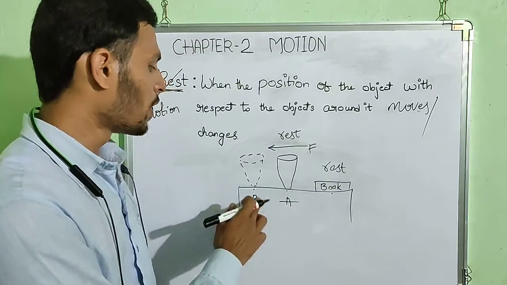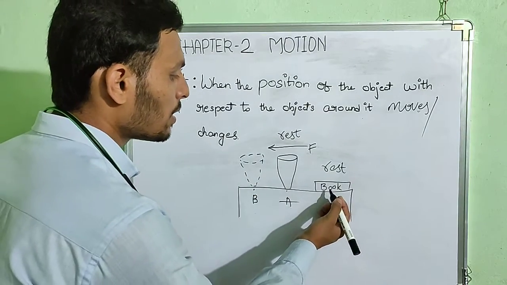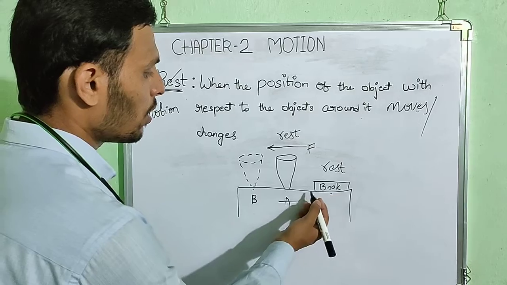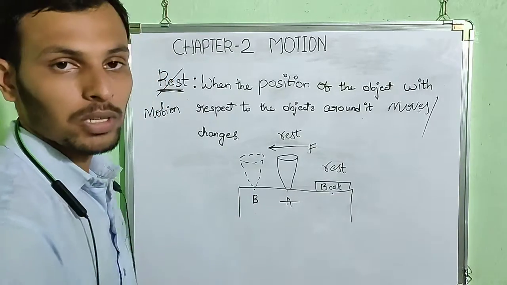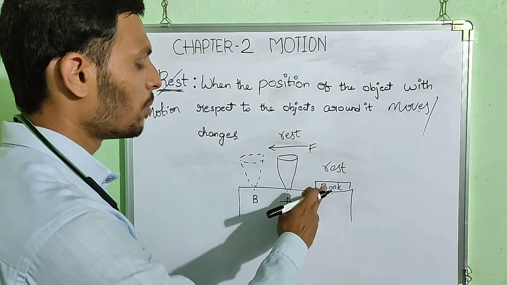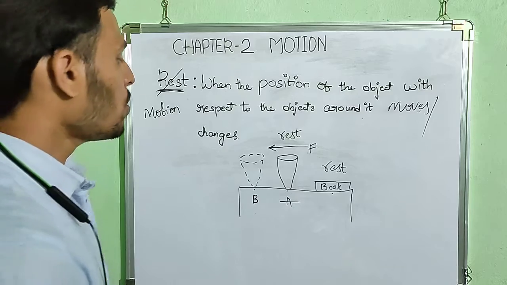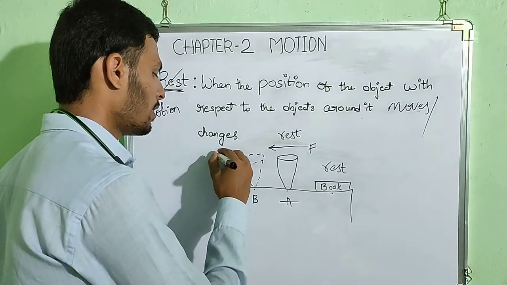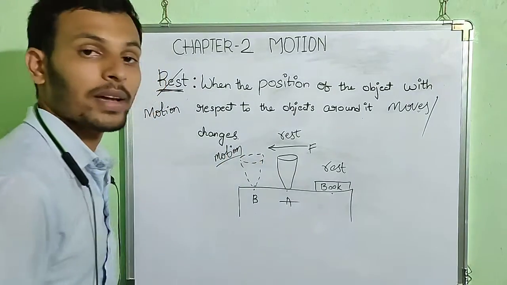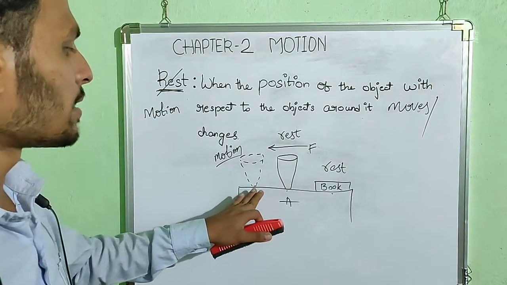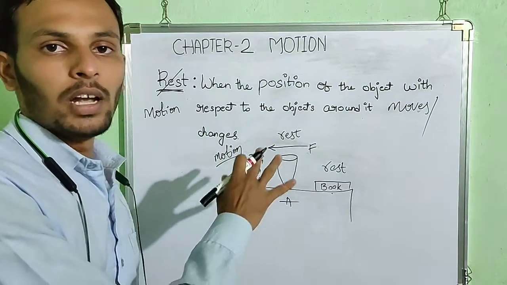How can you tell that it is moving? When you consider the surrounding objects like the book or this table, it is changing its position. According to the book and table, it is changing its position. So I can say that this glass is at motion. I hope you understood the introduction part.